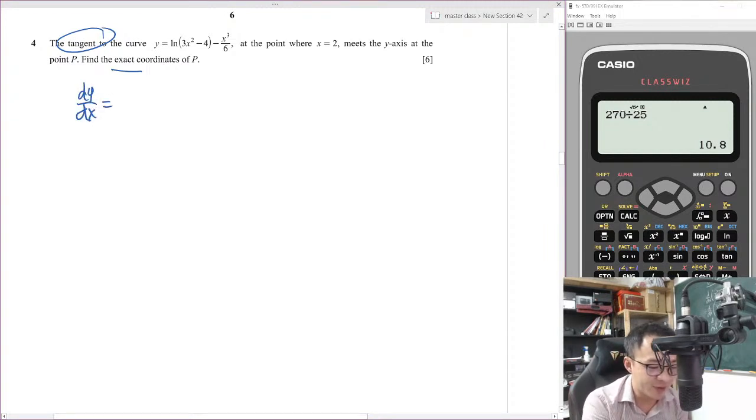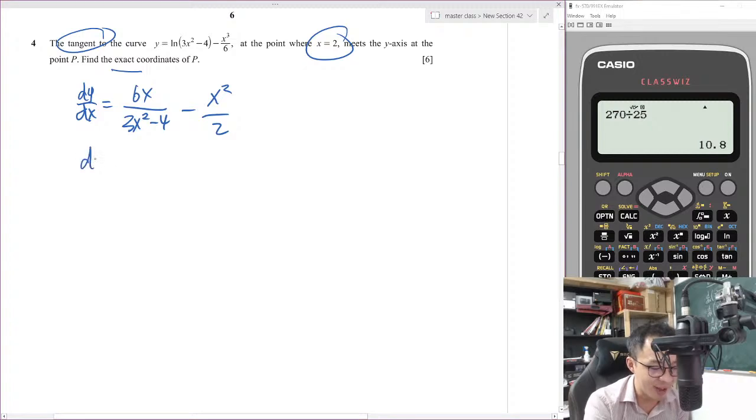This one will give us 6x over 3x squared minus 4. This one will be minus 3x squared over 6, which simplifies to x squared over 2. Then the second step is we sub in our x value.